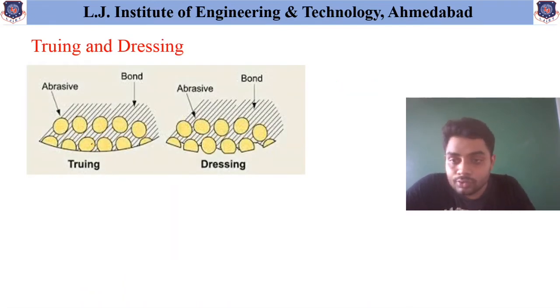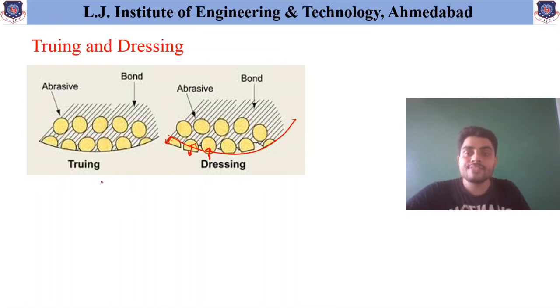First of all, you can see the abrasive particles have been given certain sharpness over here in the dressing operation. Now as you can see, the depth is different over here, different over here, different over here. So due to this, the surface finish obtained is comparatively variable.